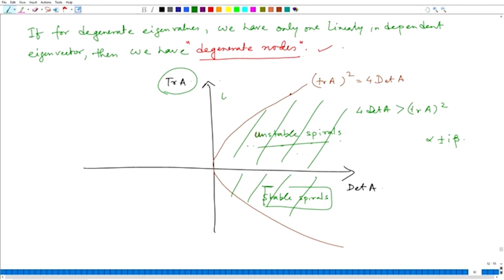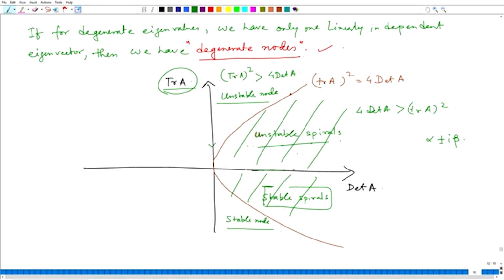Here I put unstable node, and this is the case where trace A whole square is greater than 4 determinant of A. Here you have stable node, again the distinction between positive trace A and negative trace A. Here on this line trace A is 0.